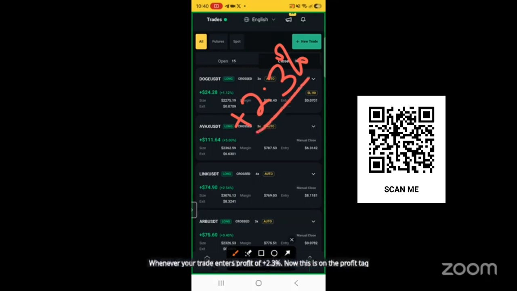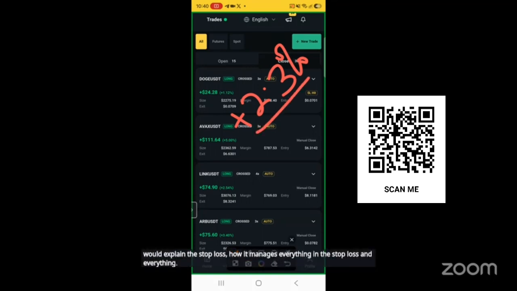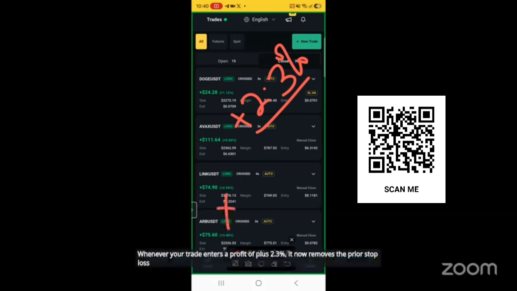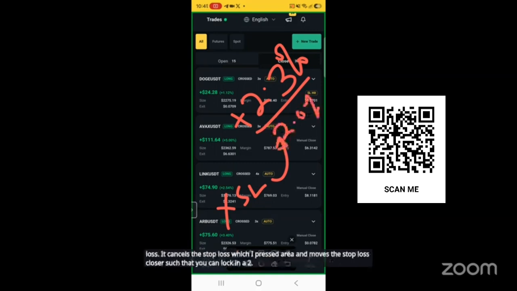I've explained the stop loss and how it manages everything. Now, whenever your trade enters the profit of plus 2.3%, it removes the prior stop loss. It cancels the stop loss which I had placed earlier and moves the stop loss closer such that you can lock in a 2.0% profit on that trade.